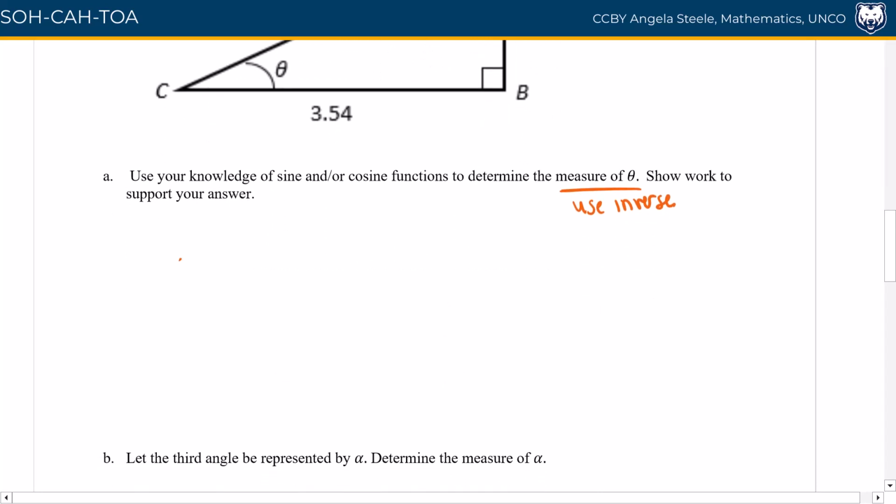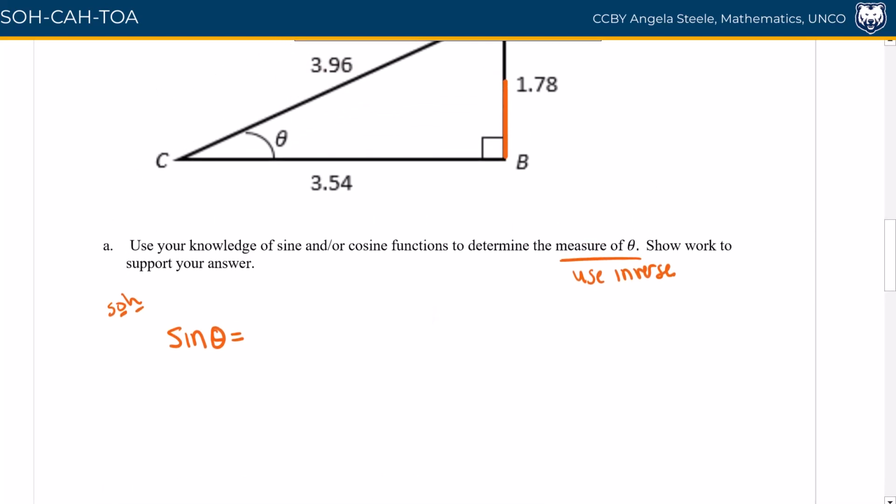Okay, so we will do sine of theta. So remember, sine is opposite over hypotenuse. If we look at our triangle, the 1.78 is the opposite. The 3.96 is going to be the hypotenuse. And then since we're labeling, let's just go ahead and label this side as the adjacent.